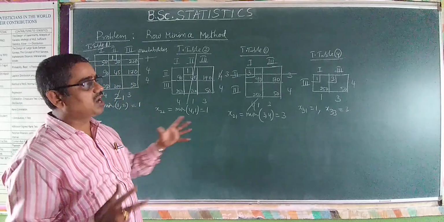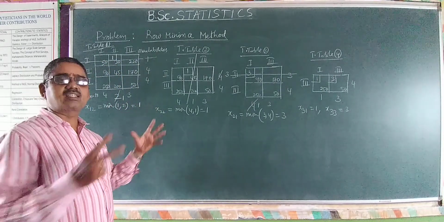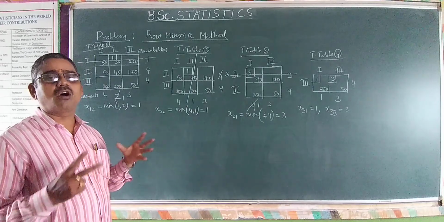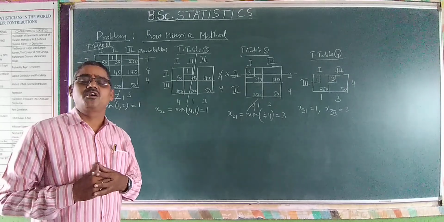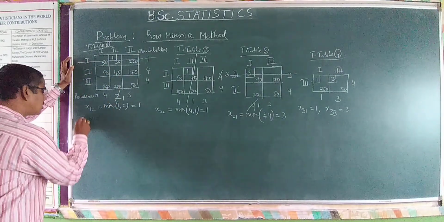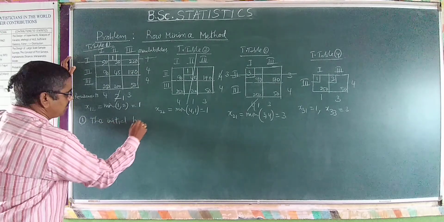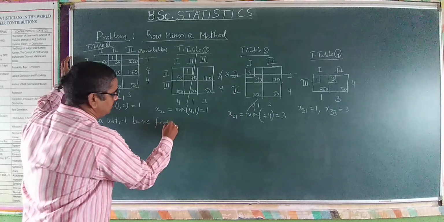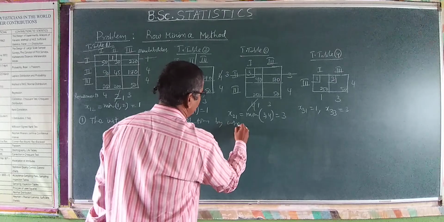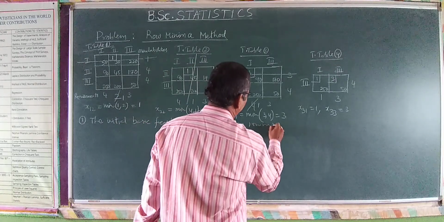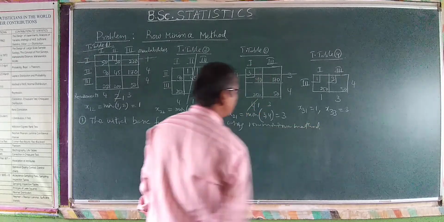This is the procedure of the row minimum method of making allocations, showing how the quantities are sent from the various origins to the various destinations. Then the first point to write is the initial basic feasible solution by using the row minima method.